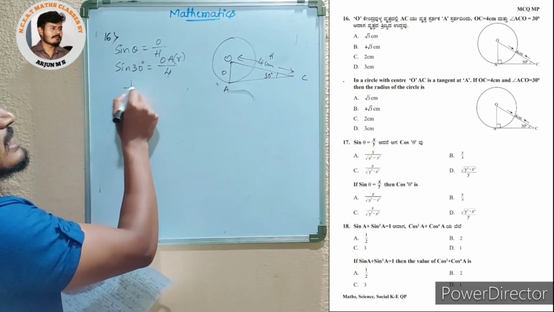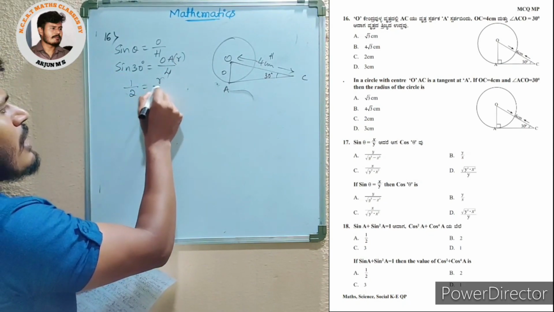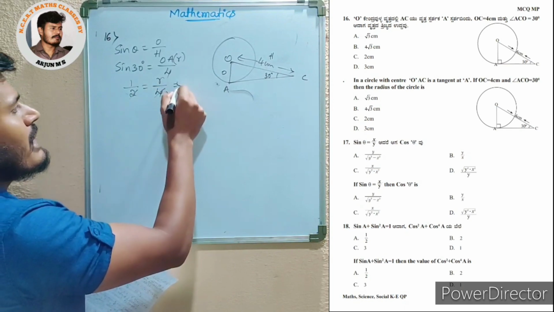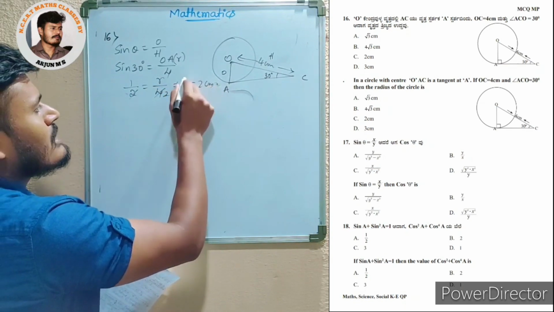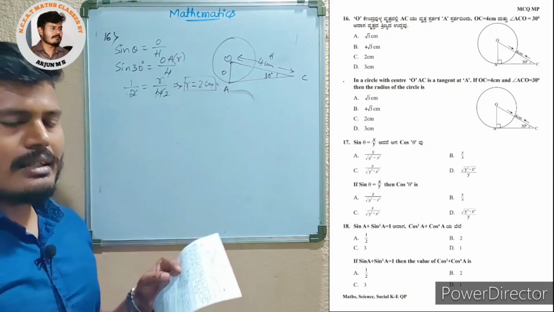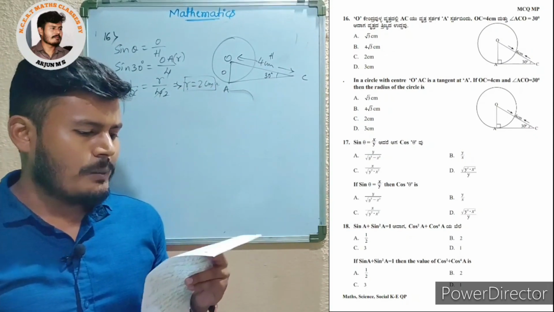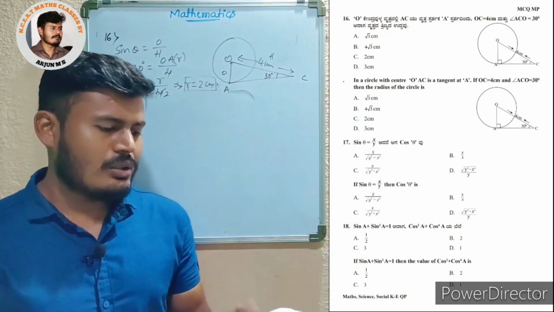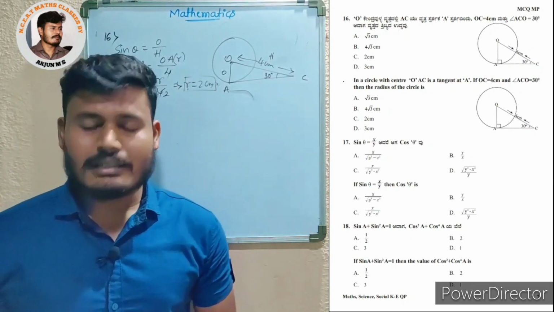We know that sin 30 degree is equal to 1 by 2. So 1 by 2 is equal to r divided by 4. 2 ones are 2, 2 twos are 4, transpose 2 here, we get r is equal to 2 centimeter. So this is the correct answer. Option C is the right answer. 2 centimeter is the correct answer.